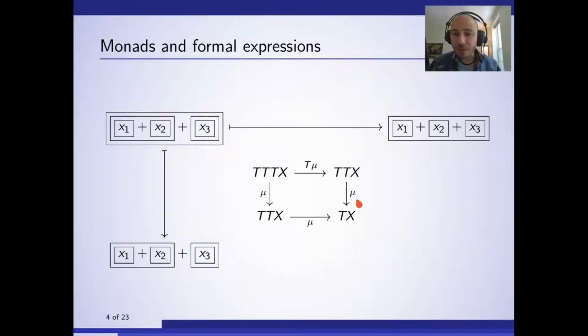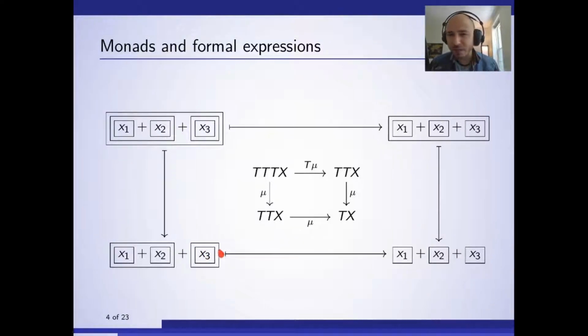If you now apply mu again, you get the same thing, and the reason is because you're basically removing the level that you didn't remove before. So only the innermost level remains. Okay? So this diagram commutes. So the diagrams of the monad can tell us that this interpretation is consistent, so that you can interpret monads in terms of adding and removing boxes in your formal expressions.